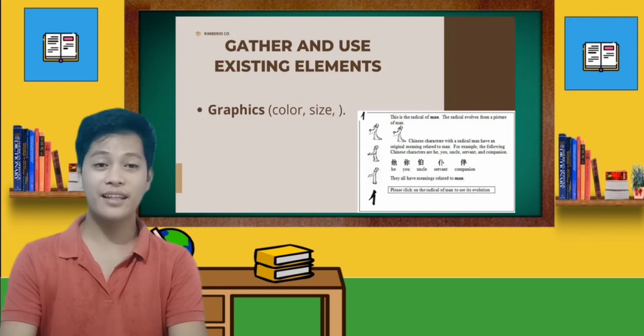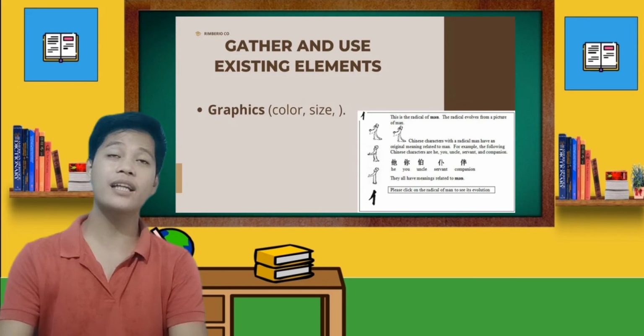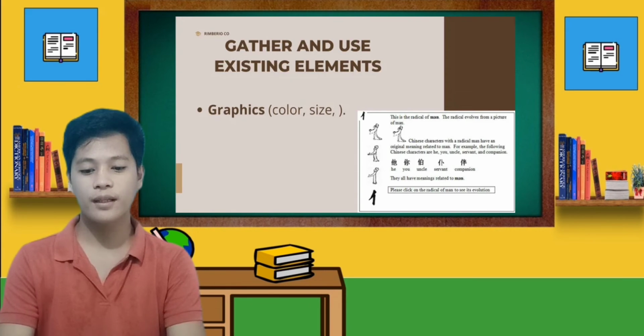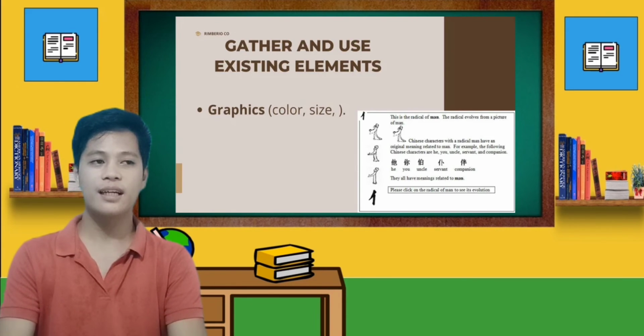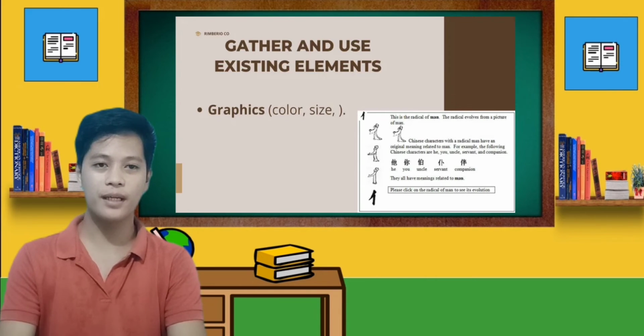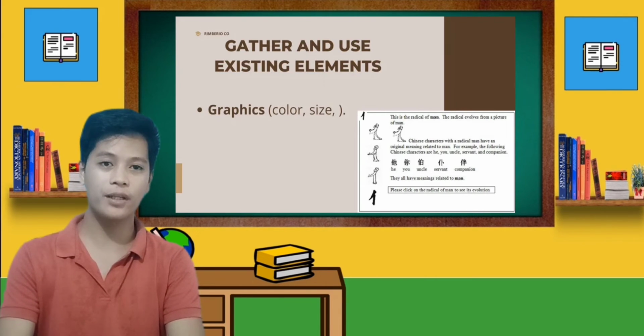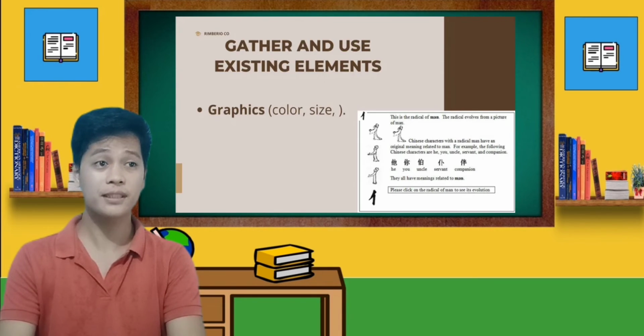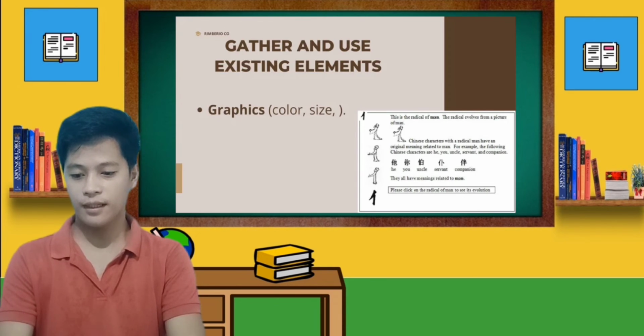If it needs to be colored, then our instructional material should be colored. The size of the graphics should also not be too small, and not so big that it occupies the whole paper. It should be appropriate to the audience. For elementary students, it should be as big as possible so that they can see the details of the graphics.